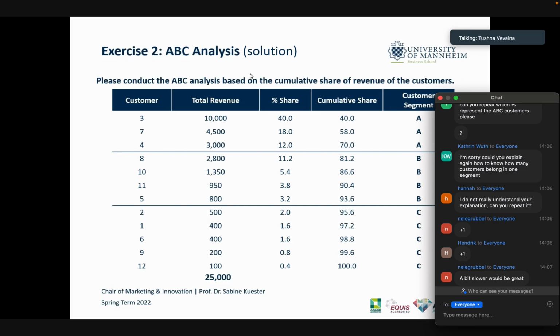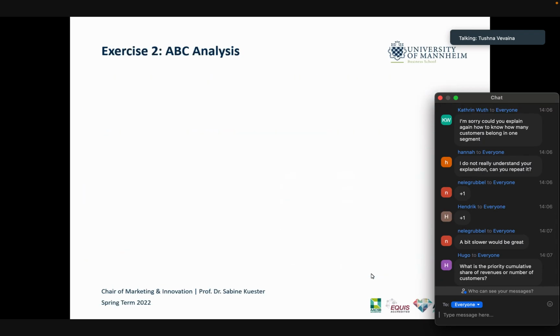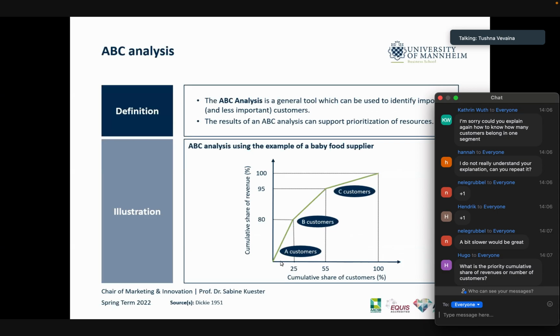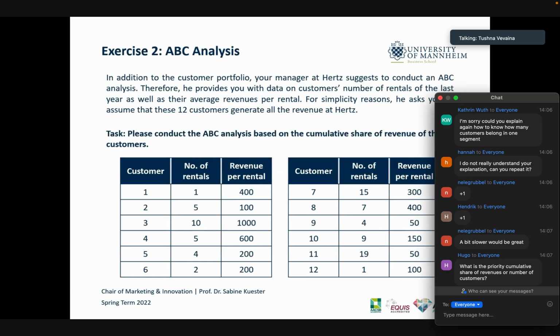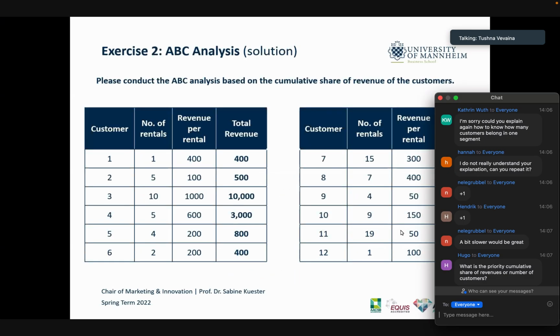Okay. So as I explained earlier, as part of this graph that we saw, we have a concept of Pareto efficiency, which we use to segregate customers. What we say is that 25% of your customers give you 80% of your revenue. That's because the remaining customers may not make as many purchases, may not be spending as much. Your revenue from them is much lesser, as we can see even in this table.